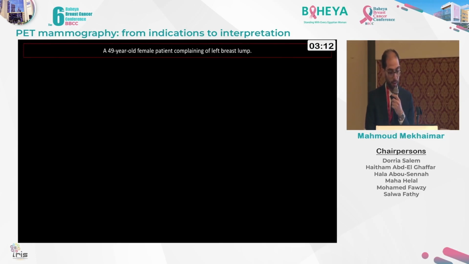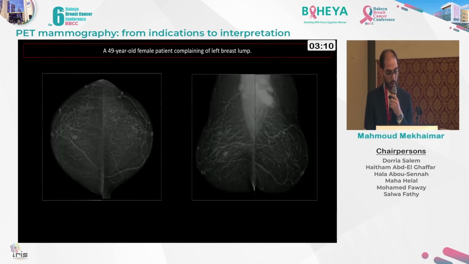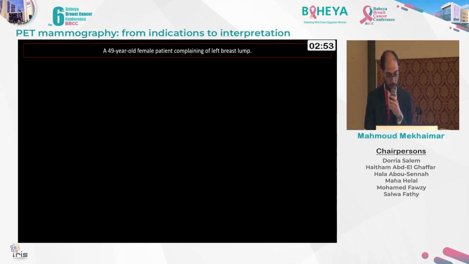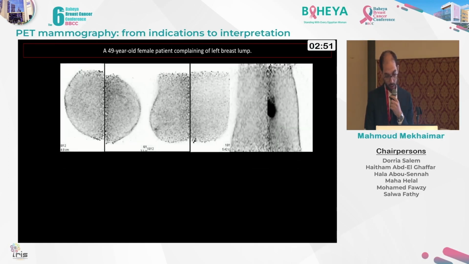A 49-year-old patient complaining of left breast lump. It shows a left axillary region irregular dense lesion and a right breast isodense lesion with calcification denoting adenoma. A biopsy from the left breast axillary region mass lesion was advised after the BIM.